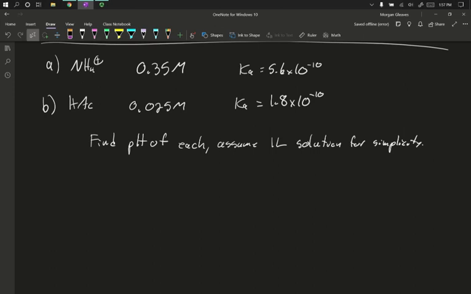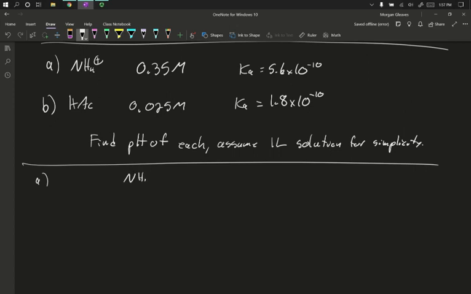All right, if you're back, let's start with A. I have 0.35 molar ammonium. My ammonium is going to be in equilibrium with H plus and ammonia. My initial values were 0.35, 0, and 0.